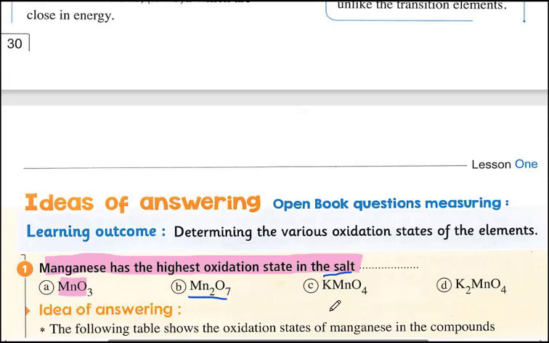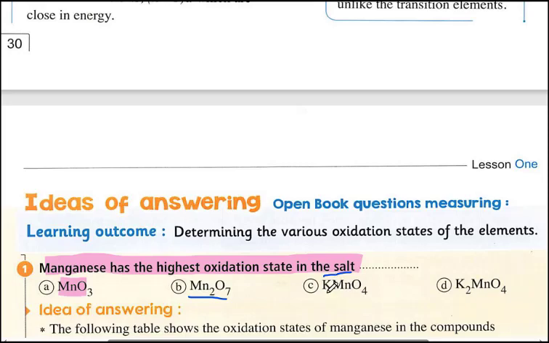Okay, so potassium permanganate here, potassium is +1. 4 oxygen atoms, each one of them has -2, multiplied by 4, so it is -8, and +1.